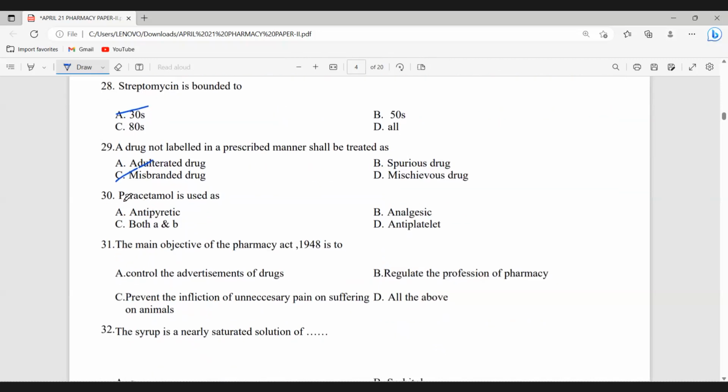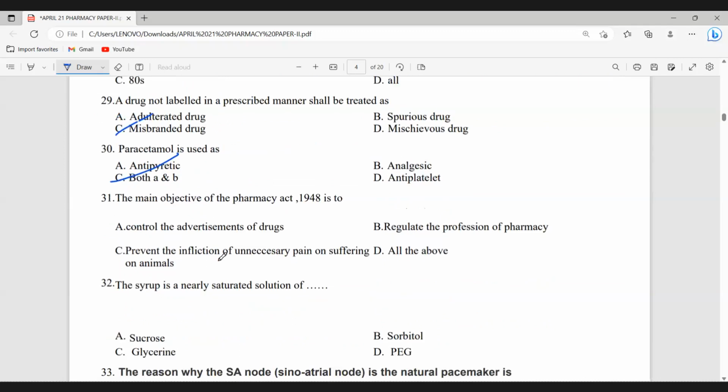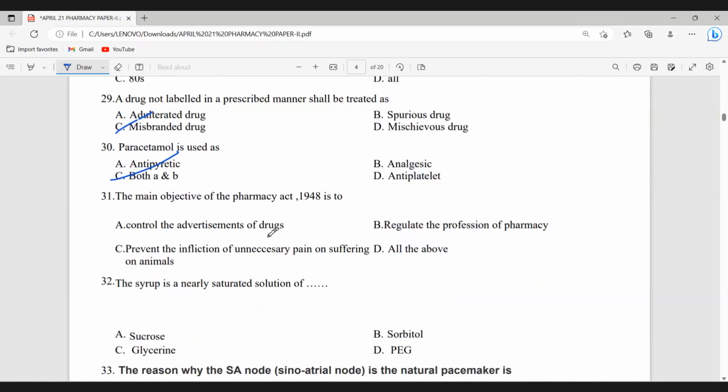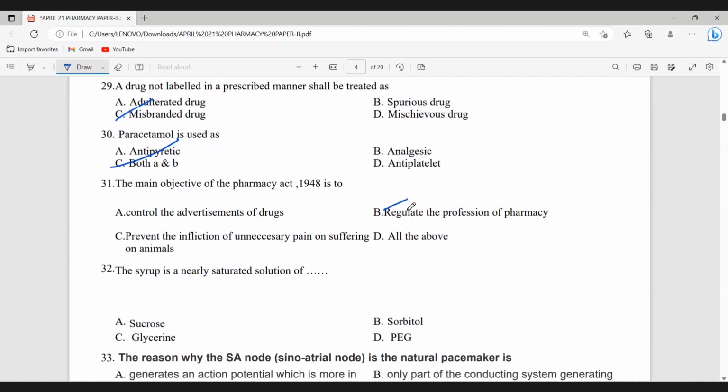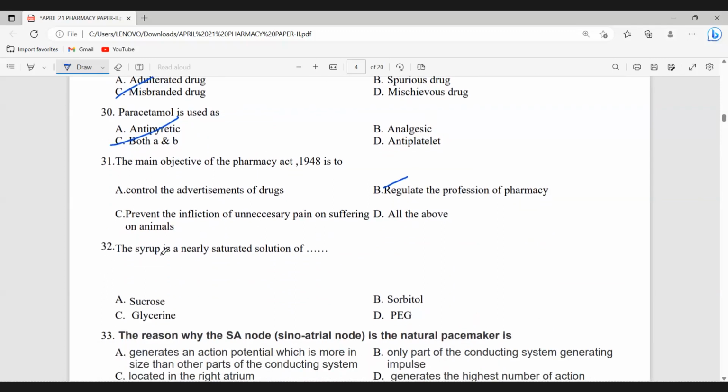Then 30. Paracetamol is used as both antipyretic and analgesic. Then 31. The main objective of Pharmacy Act 1948 is to regulate the pharmacy profession. Then 32. The syrup is a nearly saturated solution of sucrose.